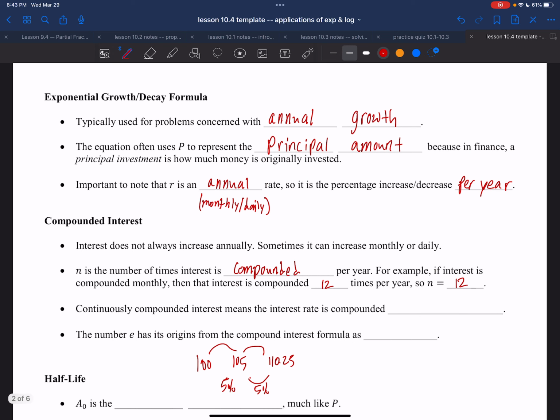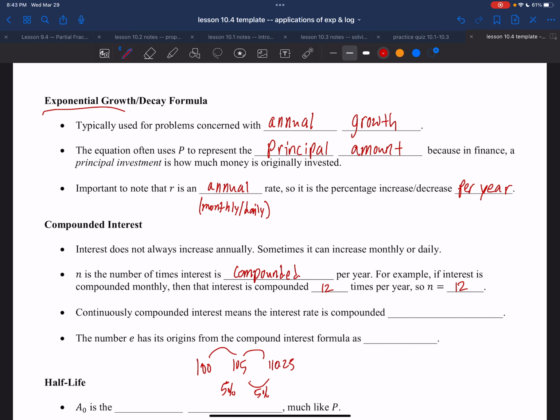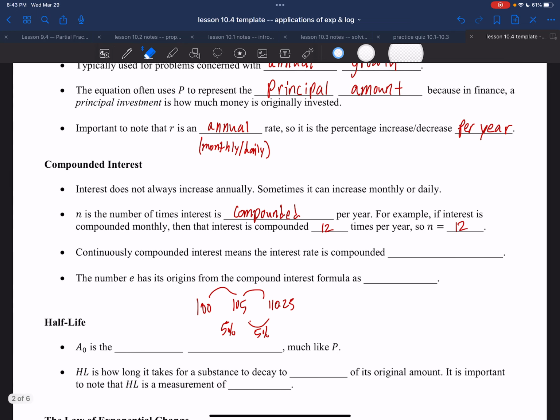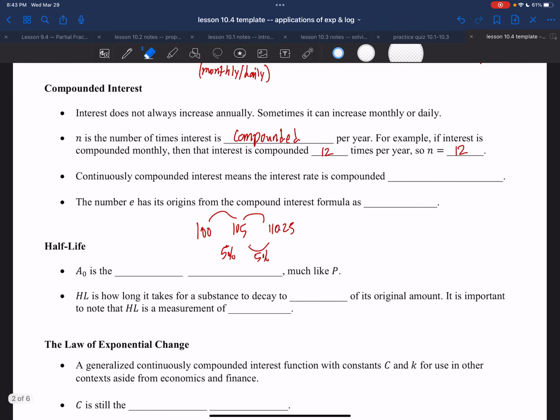This is a tad different from just the general exponential growth formula. And we can talk about the distinctions when we get to a particular problem, okay? But I would sum this up as compounded interest means not only does your original investment get interest, but your interest gets interest, okay?